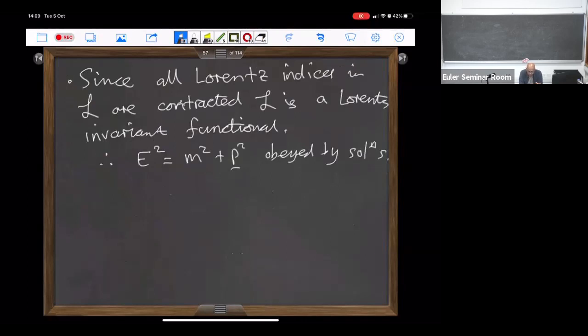Since L itself has no free Lorentz labels, it is itself Lorentz invariant. And that means that E squared equals P squared plus M squared will always be obeyed by the classical particle solutions. And more generally, it means that such Lorentz invariant Lagrangians describe Lorentz invariant physics, so physics which is governed by the rules of special relativity.